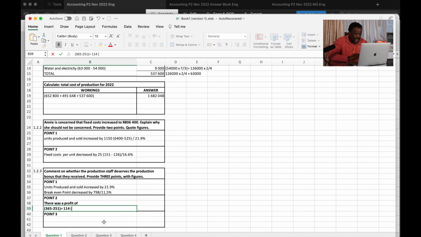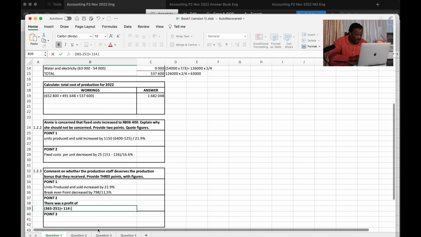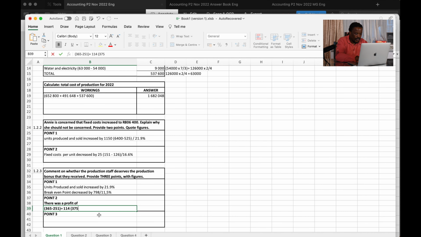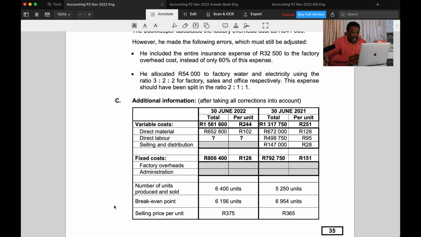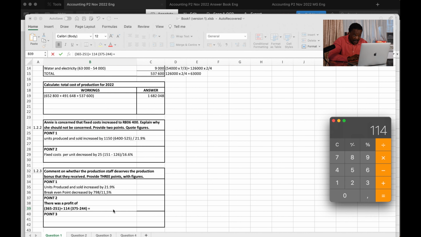And let's look at this calculation for this year, which is 375 minus 244. So this is how they want you to get to free marks. You just use common sense, comparing last year and this year, and you can see 131.